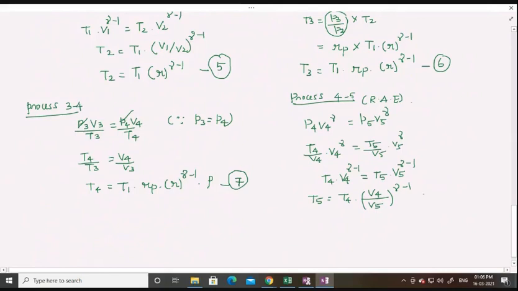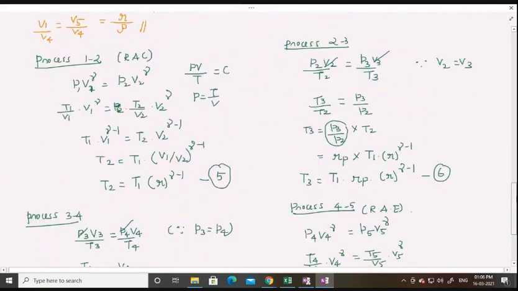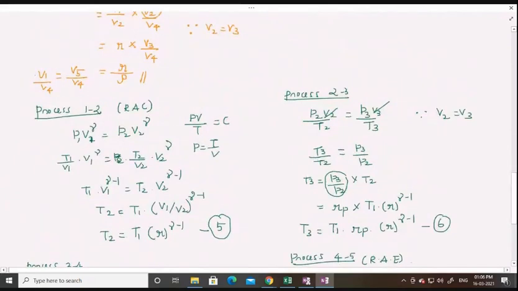Okay, so already we found this. V5 by V4 is nothing but r power rho.